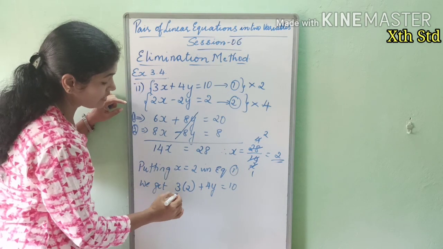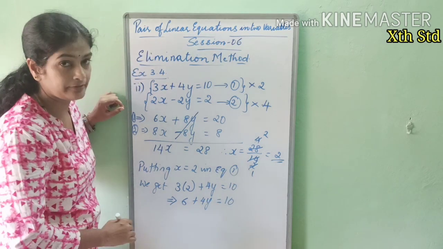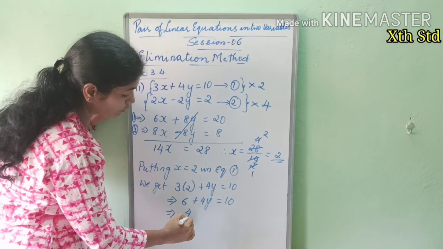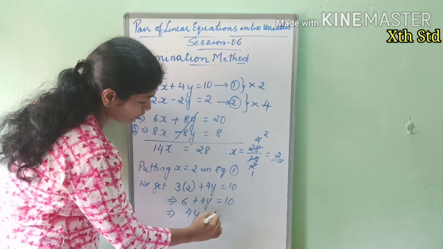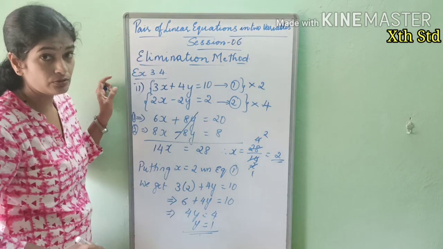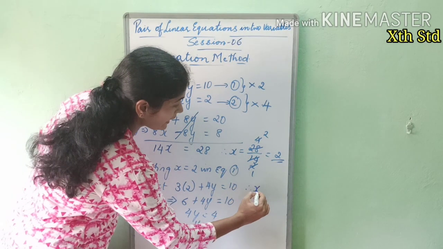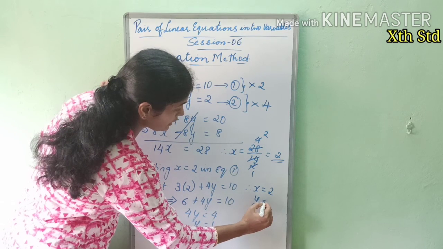Fine. So this is 6 plus 4y equal to 10, which implies 4y is equal to 4, y is equal to 1. That is, what are the values? Therefore, x equal to 2 and y equal to 1.